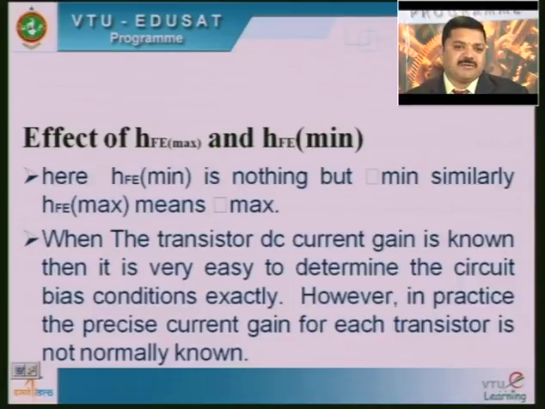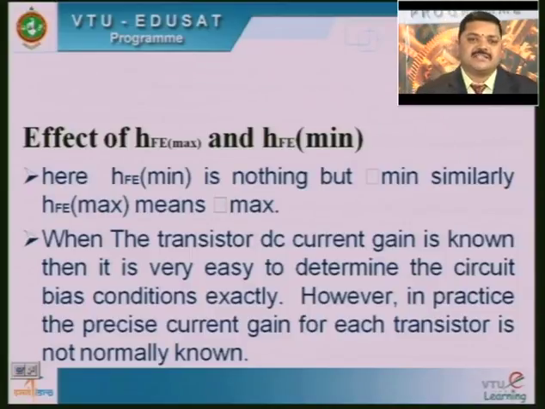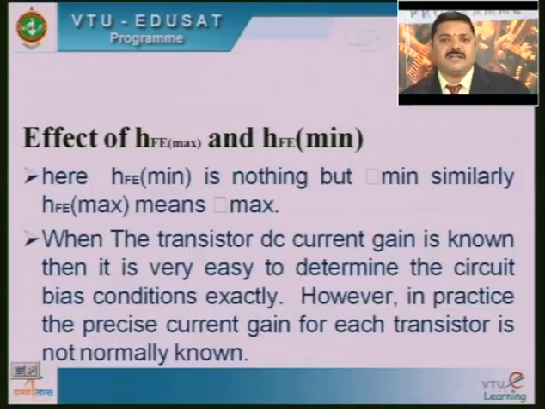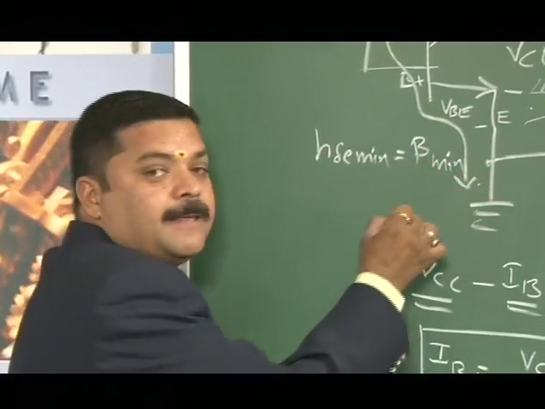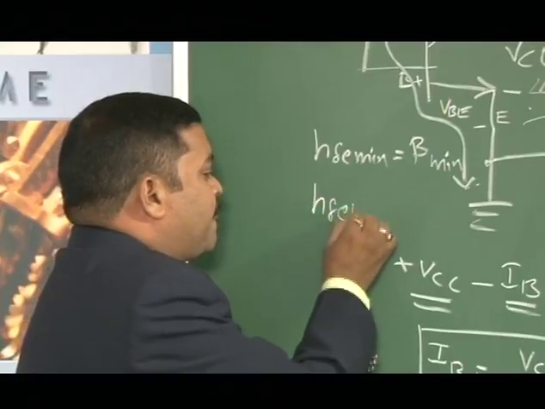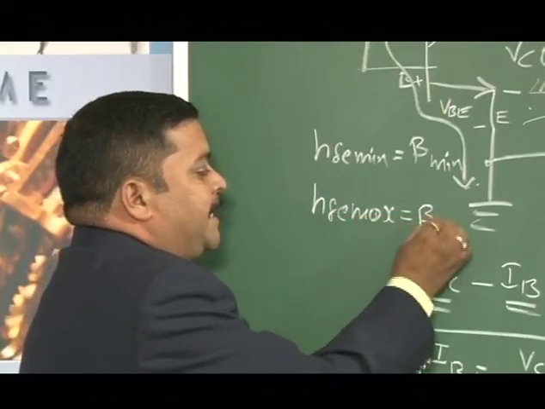We take HFE maximum and minimum as an example, because beta or HFE keeps changing with temperature. Here HFE min is nothing but beta min, as I told you, HFE and beta are the same. Next, HFE max is nothing but beta max.